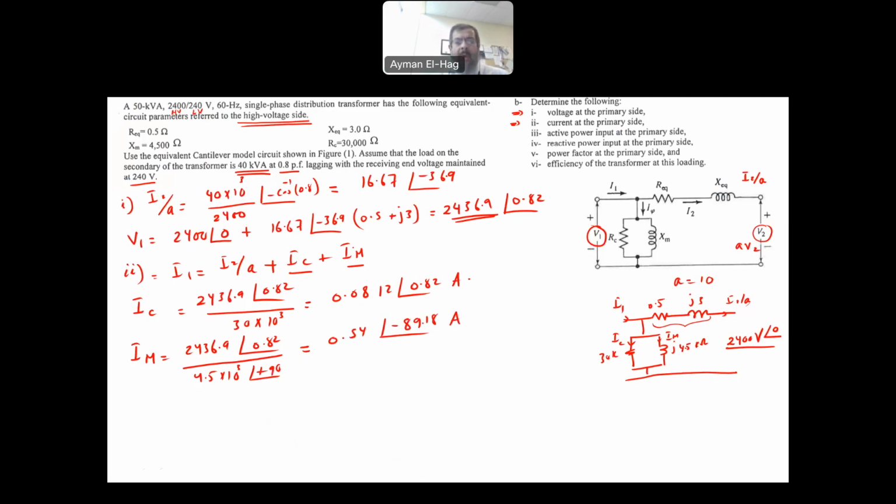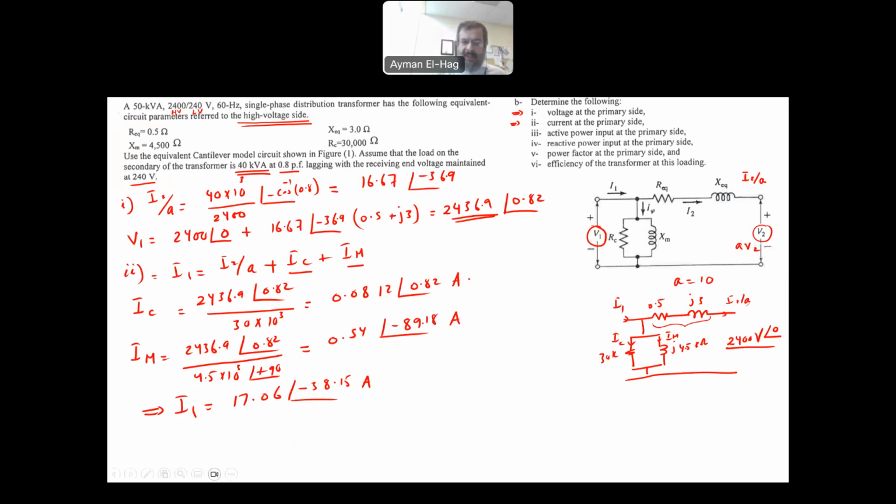So now we know all the three currents. So from this, your I1 will be the summation of these three currents. And this will give me 17.06 angle of minus 38.15 amps. So this is your primary current I1.